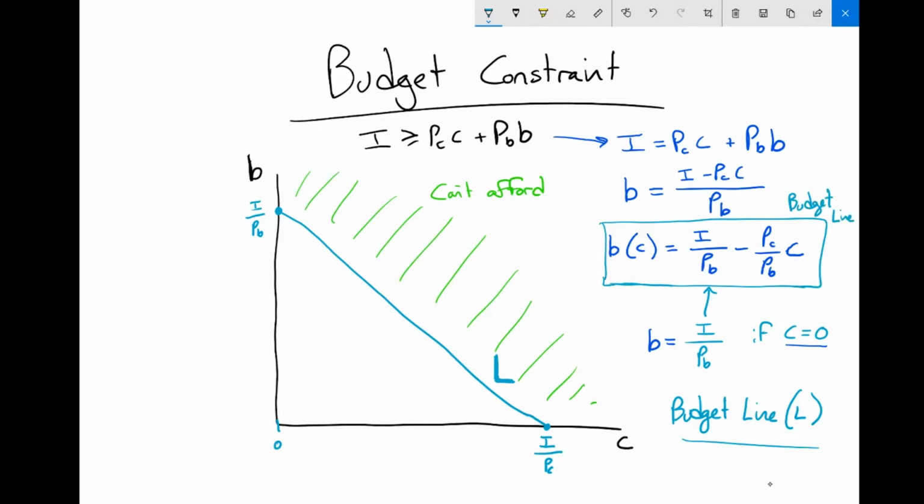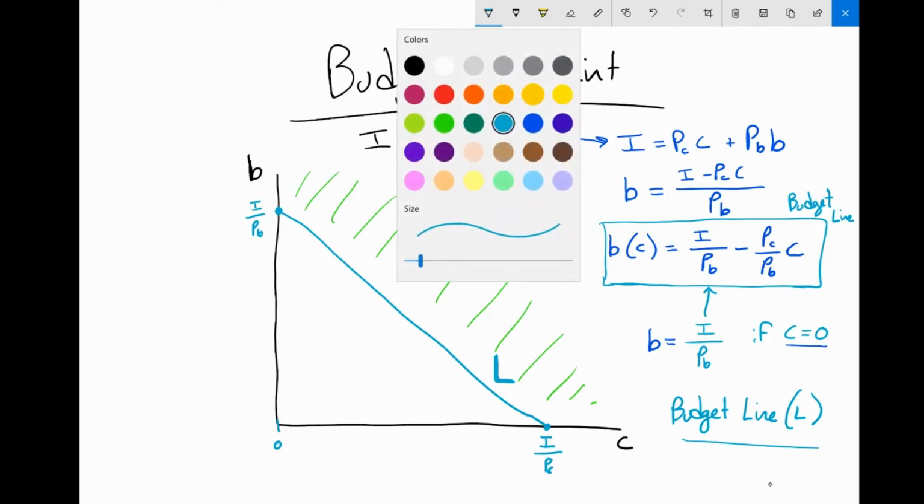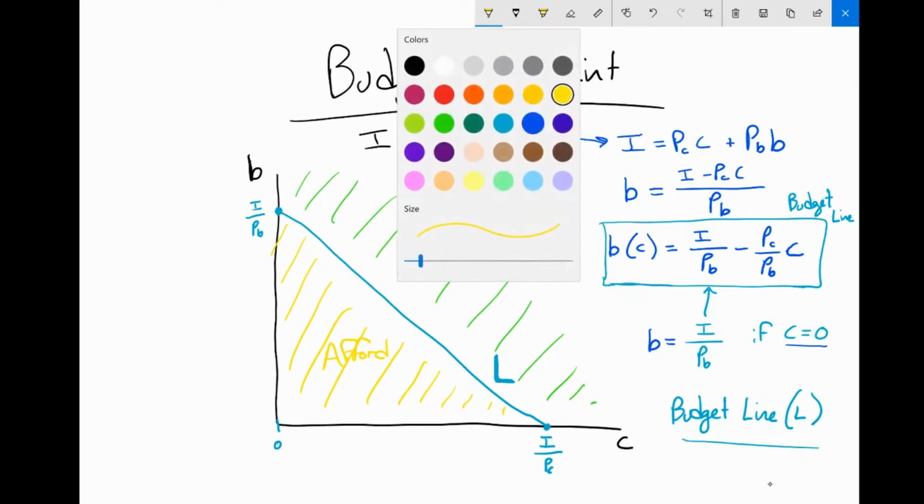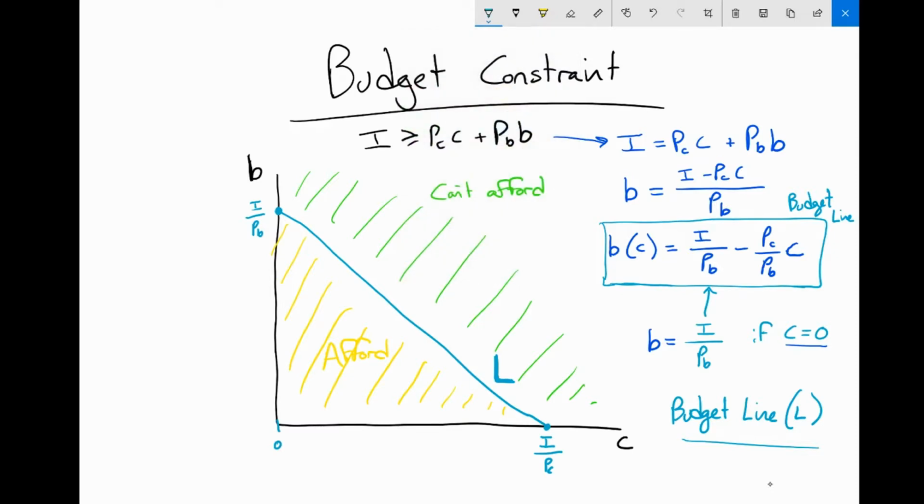Now, at the budget line, they spend all of their money.